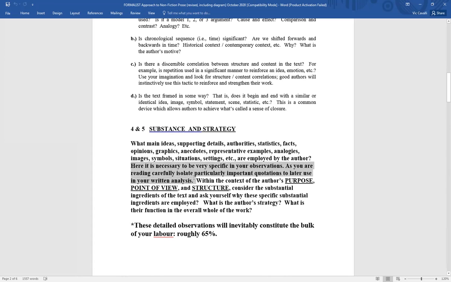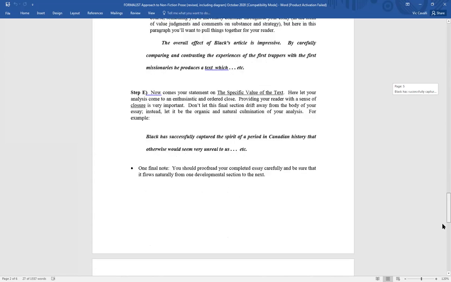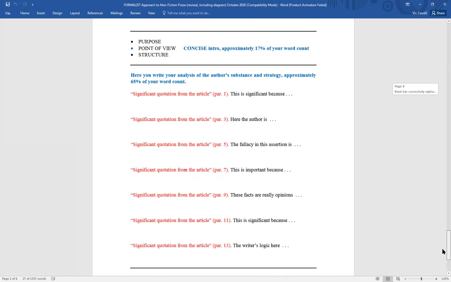As you're reading, carefully isolate particularly important quotations to later use in your written analysis. Okay? As we see when we look at the final page of this document, we have quotations carefully spaced throughout the formalist analysis essay. You're not hovering near the text, you're citing from the text.